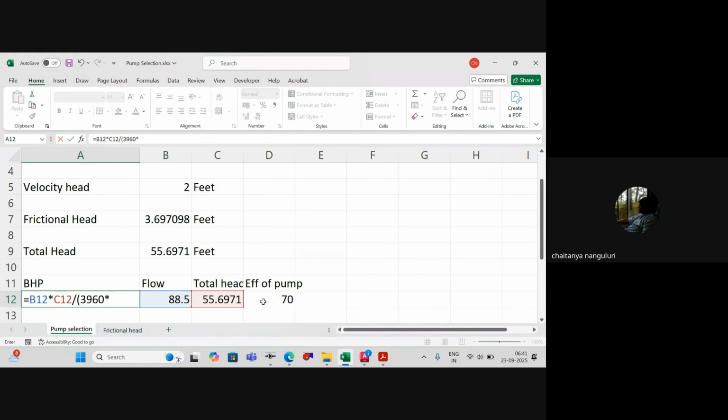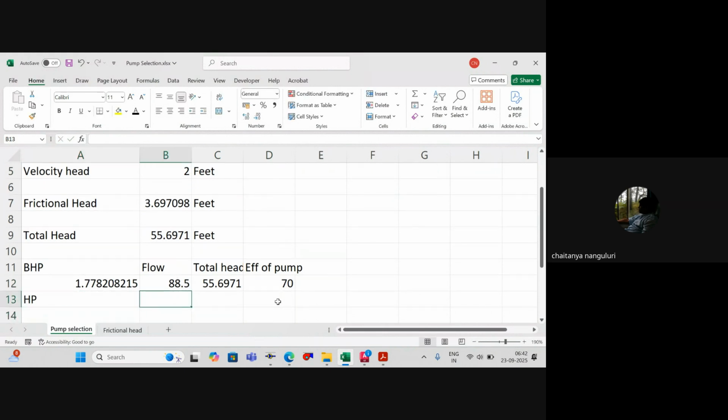So it is this value divided by 100 again. You agree? So it will be 1.77 HP brake horsepower. Then HP is equal to this into 1.05, because of drive losses. Totally, 1.86 HP motor is what you require. Am I clear or not?